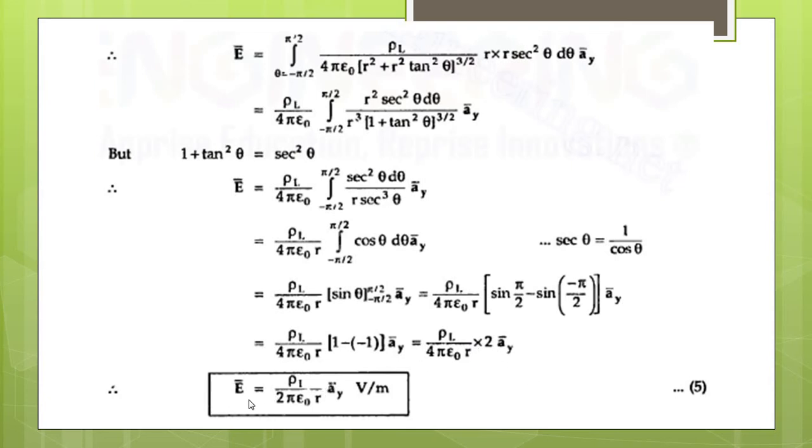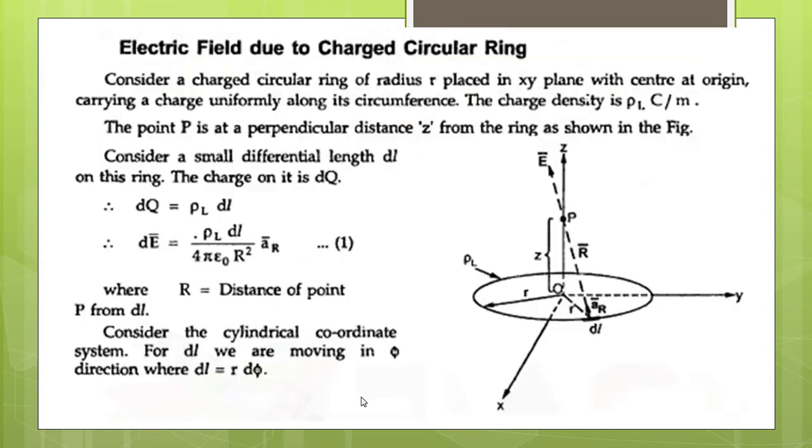So this is the final expression for electric field intensity due to an infinite line charge, which is equal to rho L by 2 pi epsilon naught r into a y. The unit of electric field intensity is volts per meter. So this is the final expression for electric field intensity due to an infinite line charge.